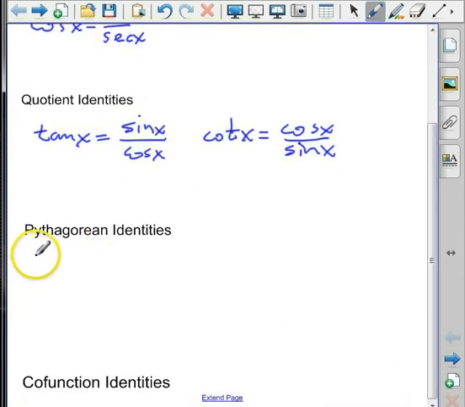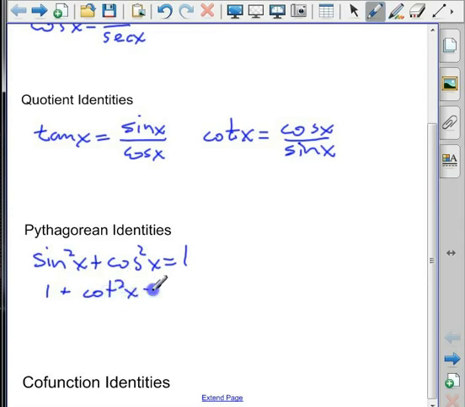Pythagorean identities. We've already covered this, but remember that sine squared of x plus cosine squared of x equals 1. And if I divide everything by sine squared, I get 1 plus cotangent squared of x equals cosecant squared of x.